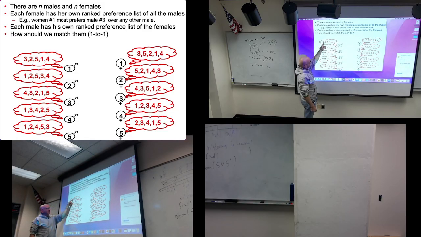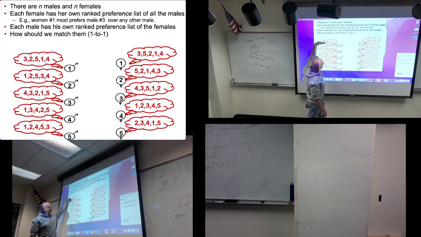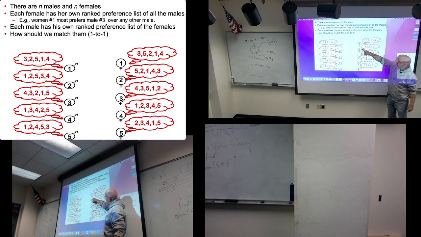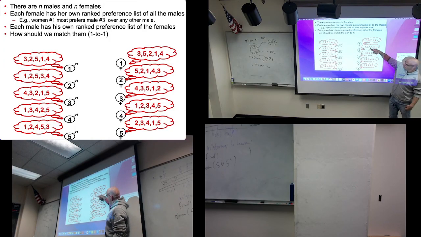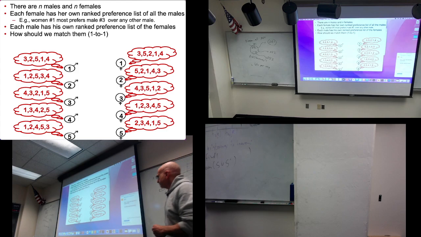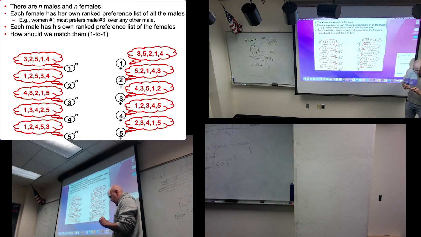If she turns me down, I really want to marry female 2. If she turns me down, I really want to marry, and so on. So every person gave a complete ranking of the opposite gender. Female 2 said, 5 is my top choice, 3 is my bottom choice. Okay. And that's the input to the algorithm.